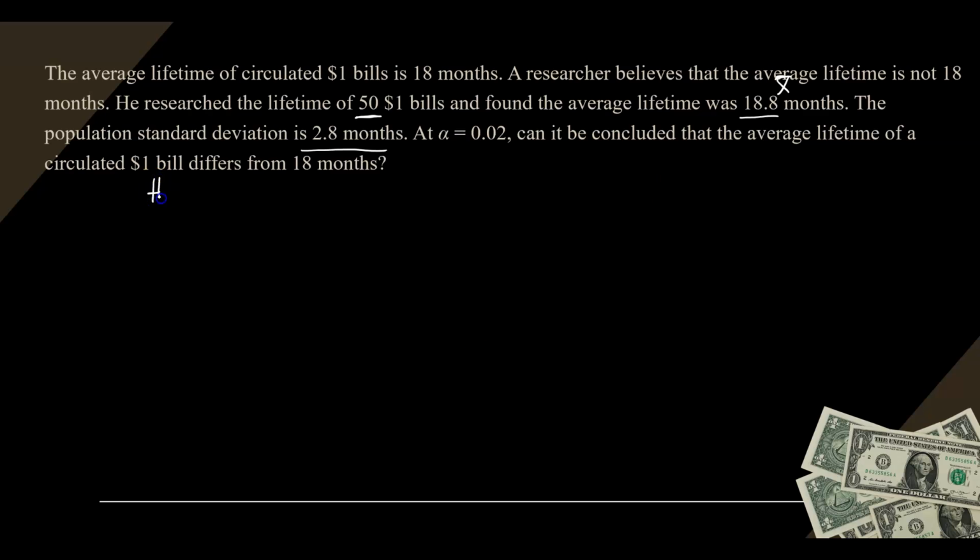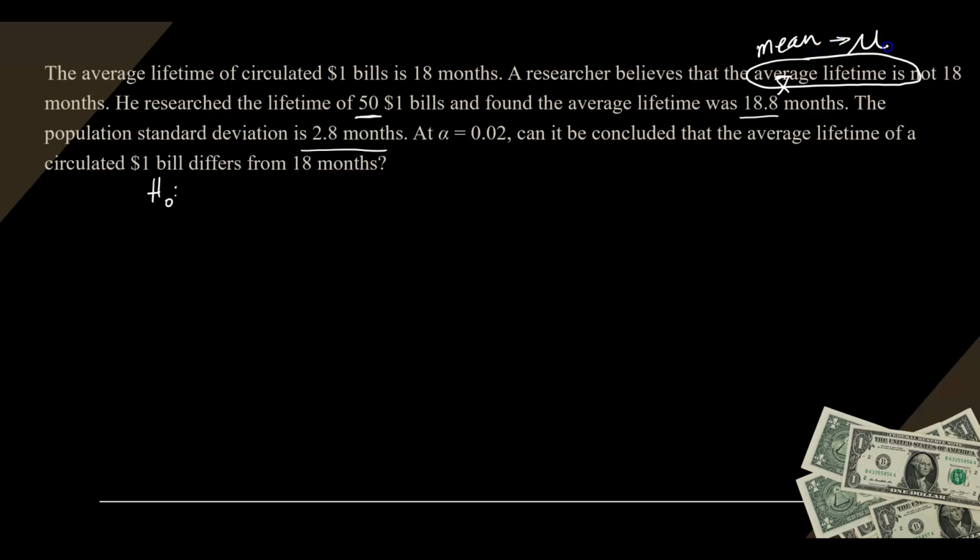Hopefully you've done that. For the null, as usual, we are talking about the average lifetime, so I need to make a decision about my parameter. What kind of population characteristic am I after? I'm after the average, or we can also call it the mean.